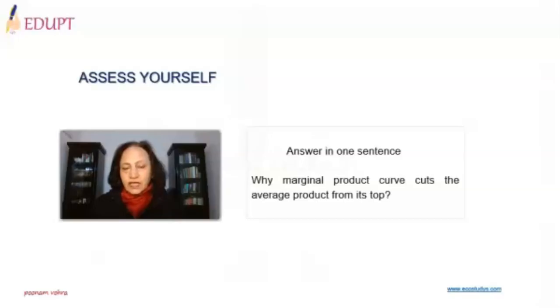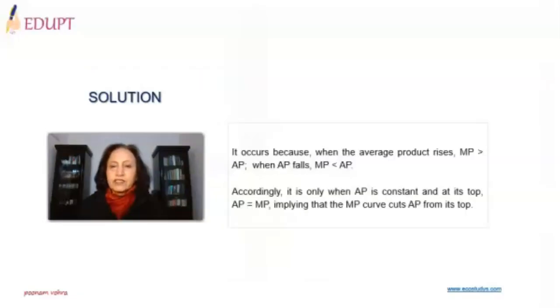Now assess yourself and answer this question in one sentence. Why does marginal product cut average product from its top? Please check your answer. It occurs because when average product rises, marginal product is greater than average product, and when average product falls, marginal product is less than average product.